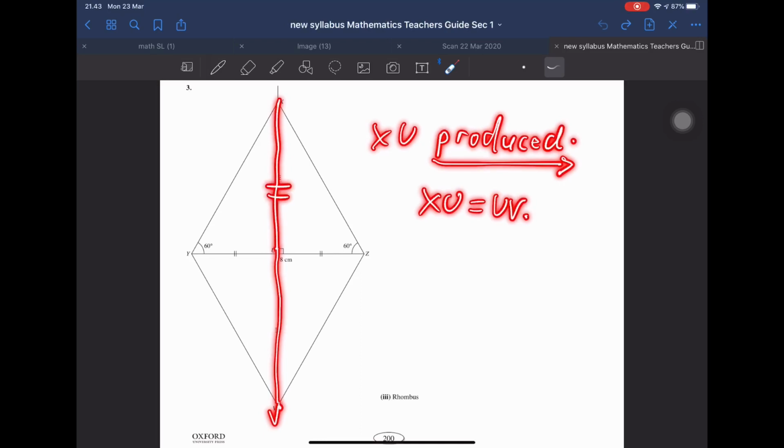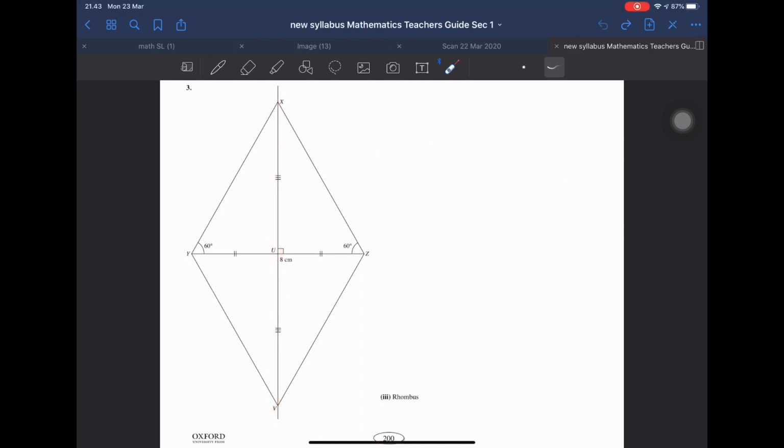Make sure this is the same length. So this perpendicular bisector, 2 marks. This one, 2 marks. And then it's about making a quadrilateral. Connect these two, and in total it's going to be 6 marks for this question.